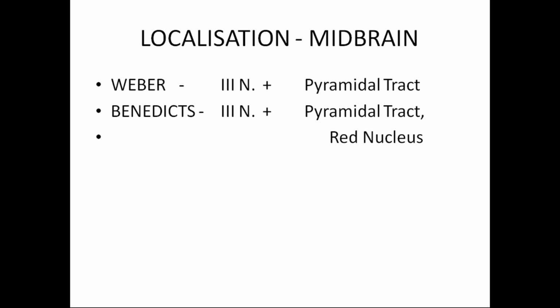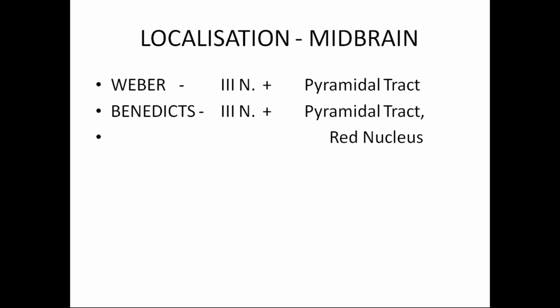Coming to the midbrain, there are a few syndromes based on scientists' names. This is just for academic interest. Weber's is involvement of the third cranial nerve, because the midbrain is the higher place, and from the third you get the nucleus most prominently.